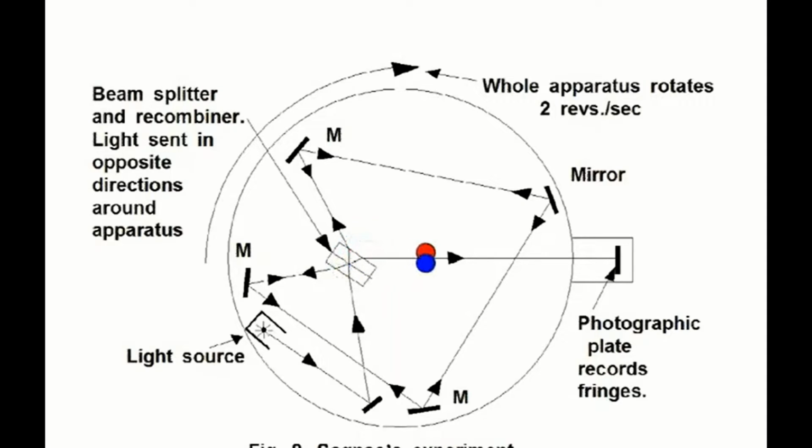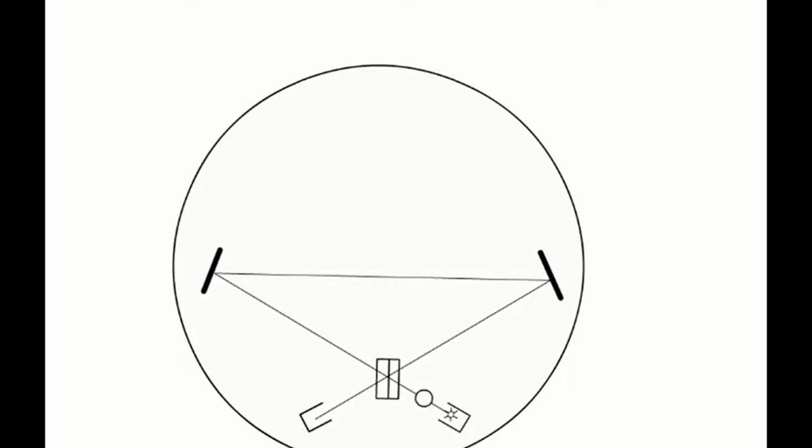There, they then go on to the photographic plate, where they have interference fringes. In this simplified version, we see that the beam is split into two, the red and the blue again, and they go round the circuit and are recombined at the splitter and recombining prism so that they again produce the fringes on the photographic plate.